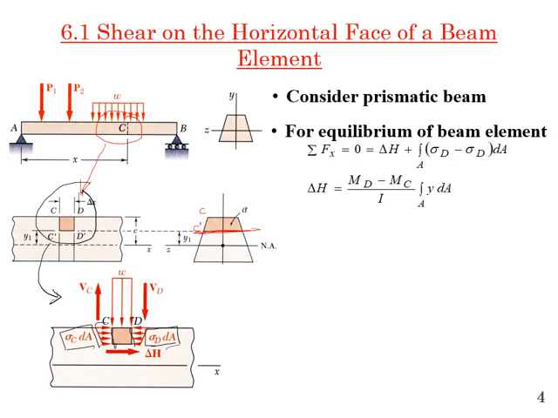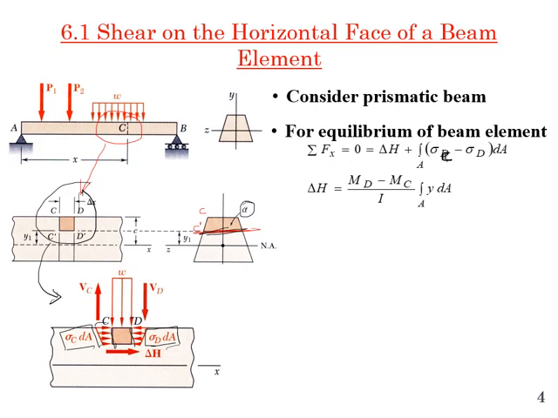Sorry, this must be sigma C minus sigma D dA, integrating over this area. We are interested in what the shear force delta H is over this area. So this A is this area.